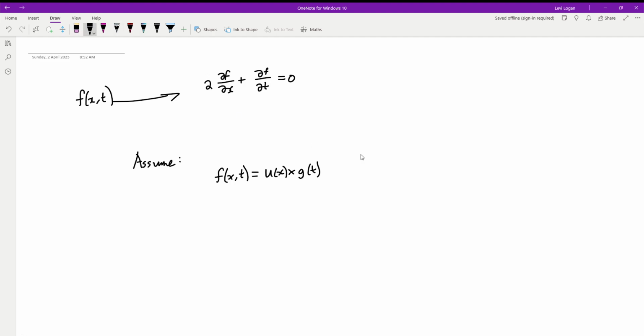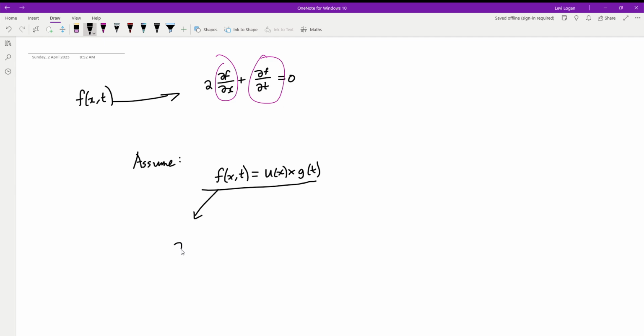Now what do we do? We have a general expression for how our function is going to look for two variables. Now we're going to find a general expression for the corresponding derivatives. We differentiate this equation with respect to x and with respect to t. Let's do x first.